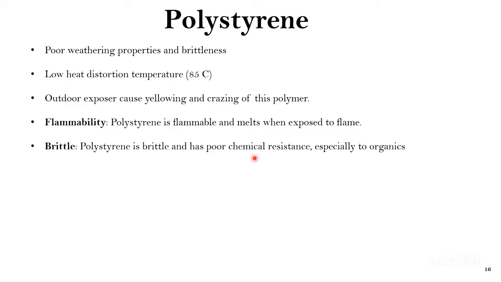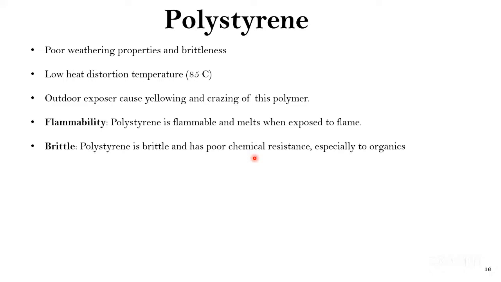They also have very poor chemical resistance. When very strong chemicals or acids, suppose HCl, H2SO4, which are very strong chemicals, fall upon your polystyrene, all the polystyrene will be dissolved there.